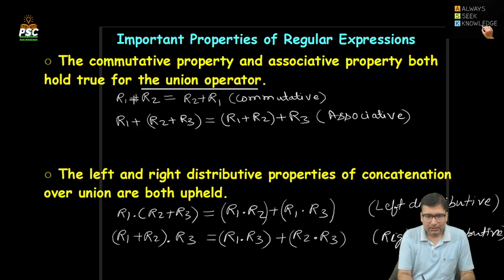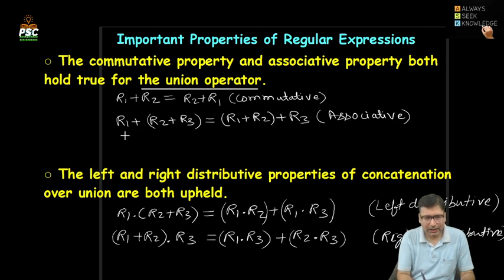So R1 or R2, or if I write R2 or R1, both the resultant regular expressions will be equal. There will not be any difference. That means they are commutative. So this union operator is commutative. If you change the order of the regular expressions, the final resultant regular expression will still be equivalent.